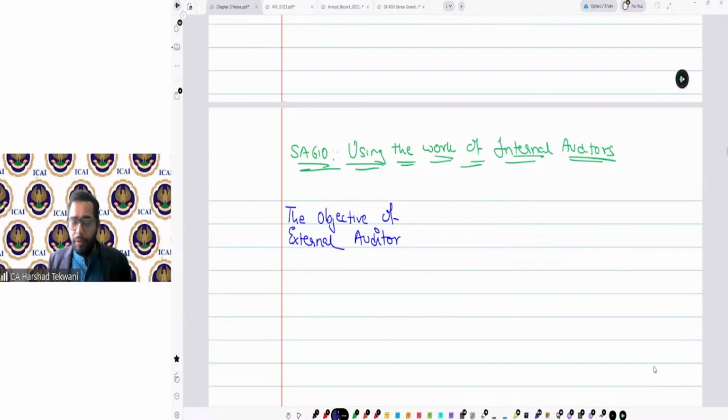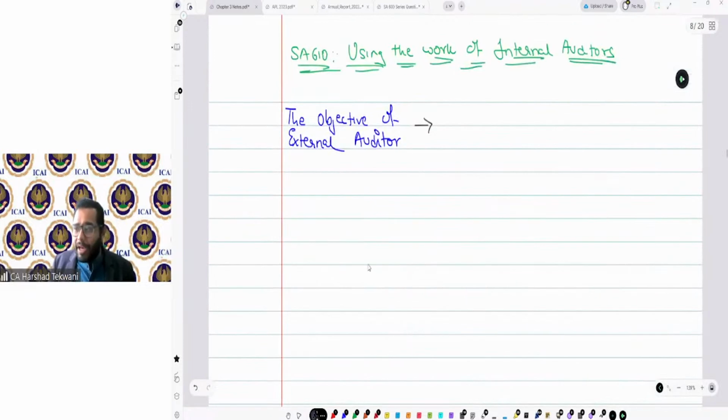When I have a proposal by the management, the external auditor is considering or is expected to use the work of the function.